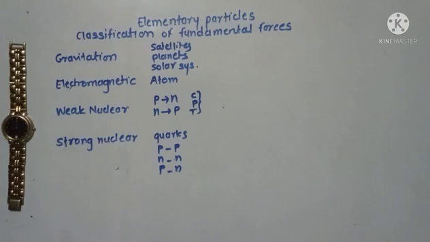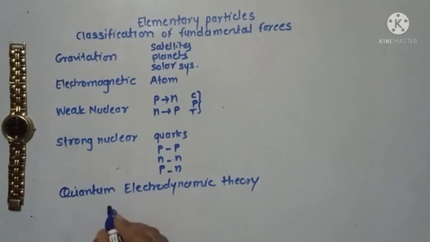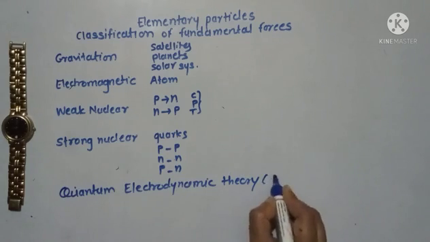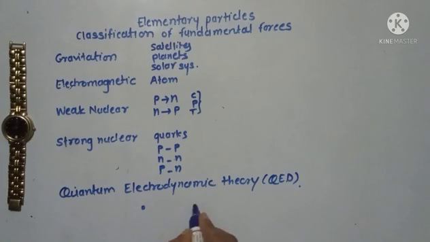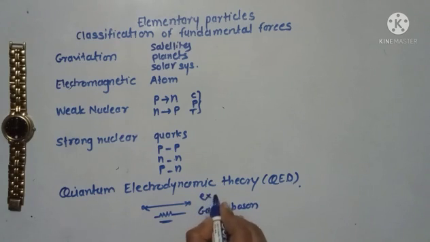And according to the quantum electrodynamic theory, which is very important, called QED, whenever there is a force between any two particles, that force is mediated with the help of some particle, and this particle is called a gauge boson, an exchange particle.